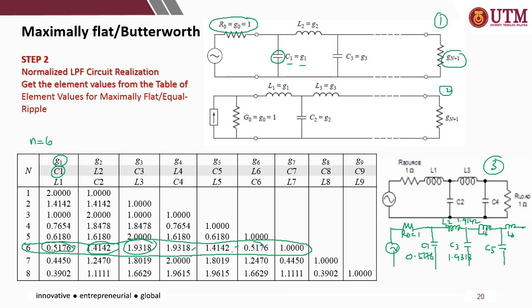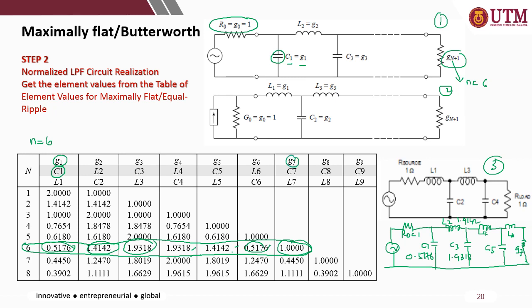This is the L6 value, and the line will be terminated by the load impedance, R equal to G(n+1). In this case, if n equal to 6, the last one is G7.